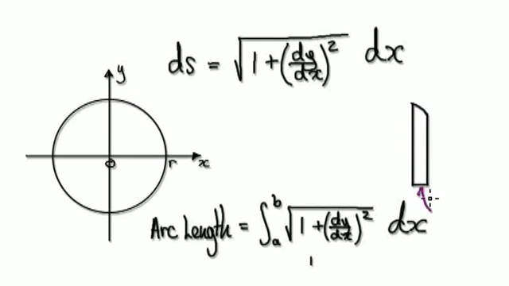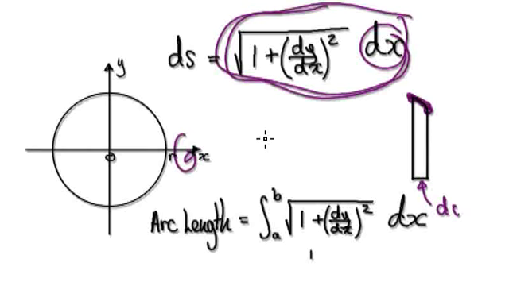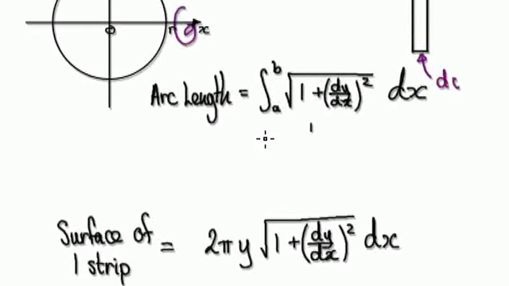We start out with our dx, combine it with this, then that will give us this arc length here. Once we've got the arc length, then we're going to revolve it 360 along the x-axis, so we need to times it with 2 pi.